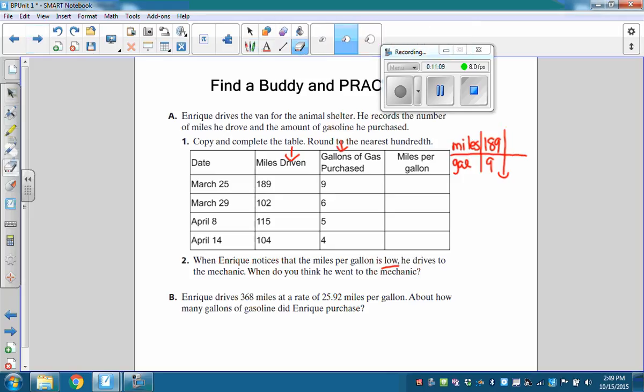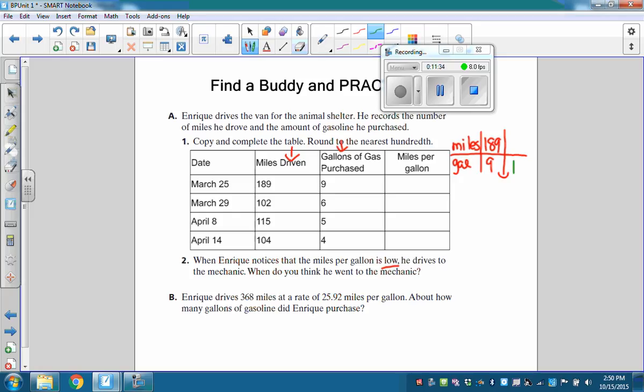To figure out my unit rate, Andrea, what number do I want in the problem? To get a unit rate, what number do I need here? I need a per. Unit means 1, so you need a per 1. How would you get a 1 there?